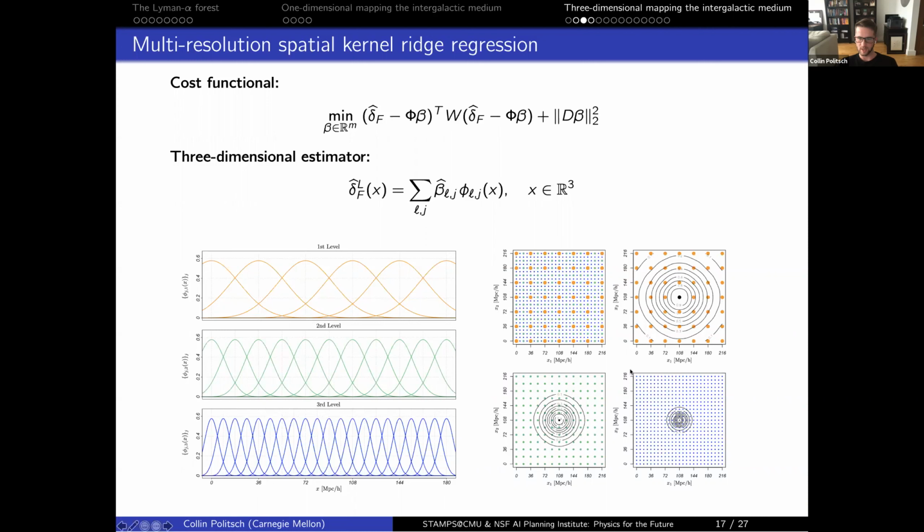Here's a two-dimensional example of spatial smoothness being imposed on the reconstructed process. And so you have a coarse scale of resolution in this case, and then slightly finer scale, and then a finest scale here. And we allow the number of levels of resolution in the basis to vary in order to optimize predictive accuracy.